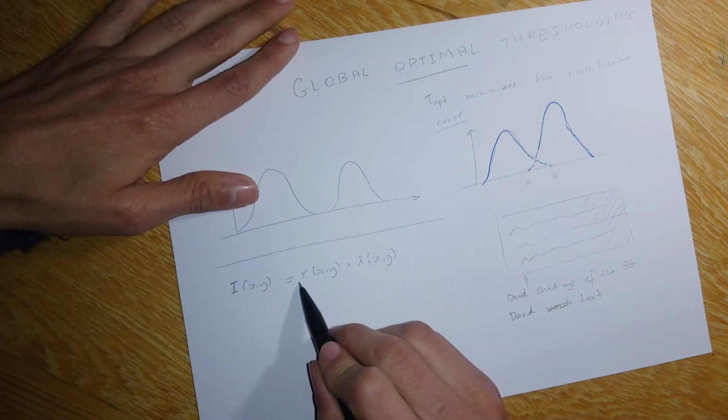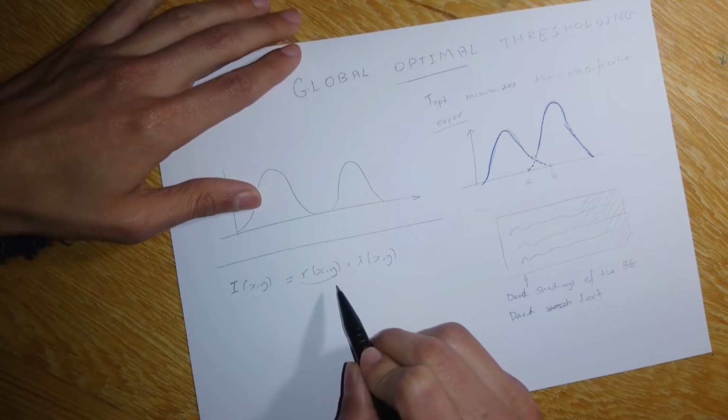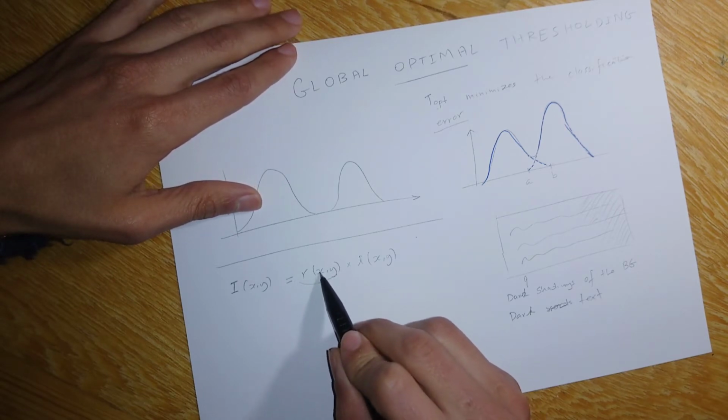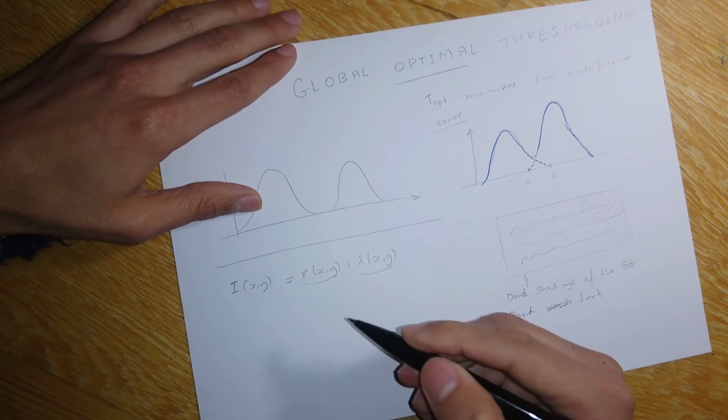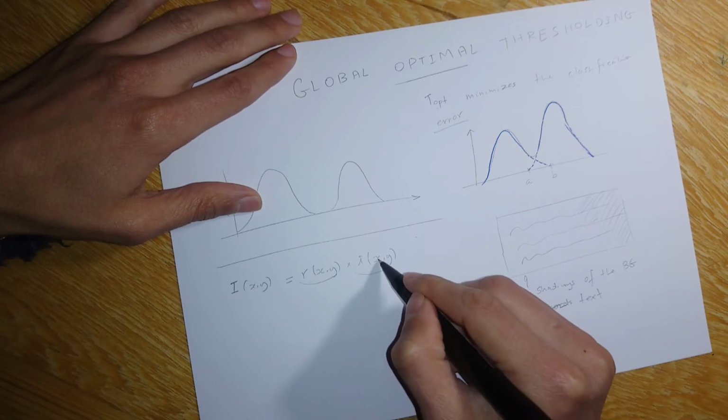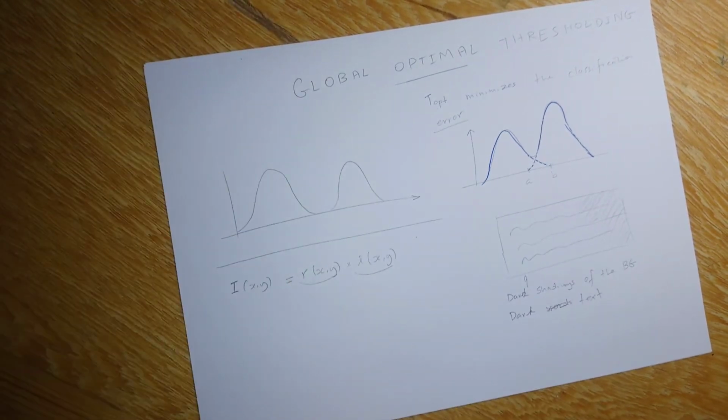The reflectance is just how much light is reflected at the point (x,y), and the illumination is just how much light is sent at the point (x,y).